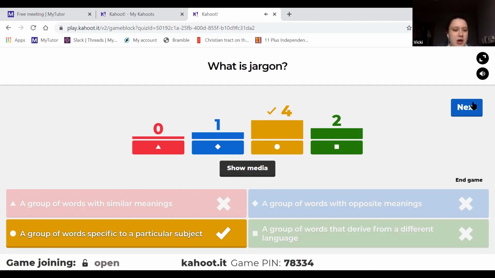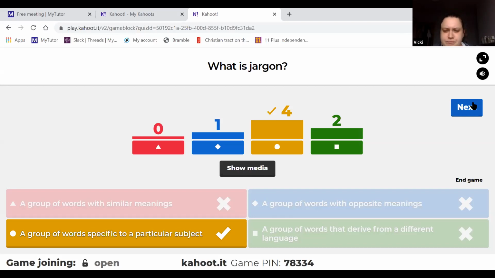Right, so a group of words with similar meanings is synonyms, group of words with opposite meanings, antonyms. A group of words specific to a particular subject is jargon, so things like, for example, with cars, cam belts, indicators, ball joints, all of that sort of stuff. You can tell I'm a mechanic's daughter.